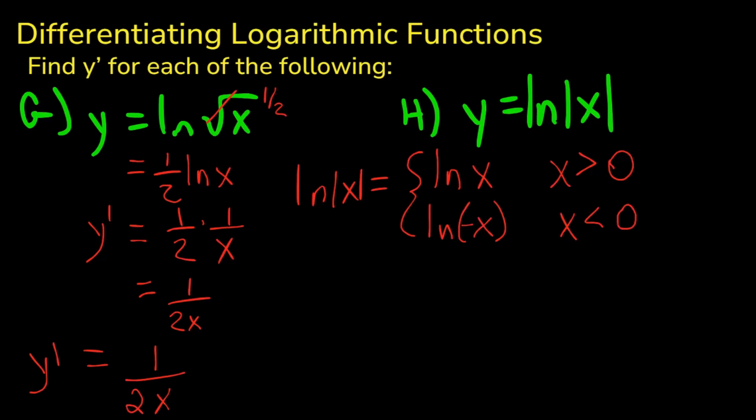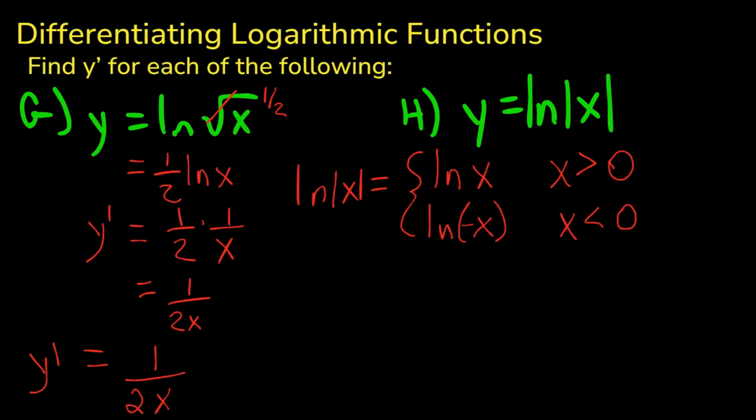Because remember, you can't take the natural log of a negative number. But if you have the absolute value on, you can put any non-zero number in. And it's either going to be natural log of what x is if x is positive, or natural log of the opposite x if x is negative.